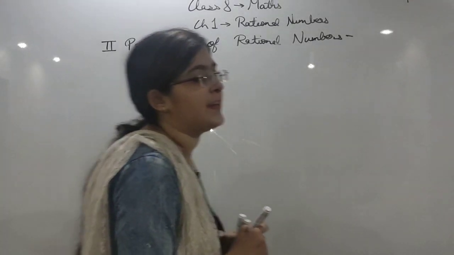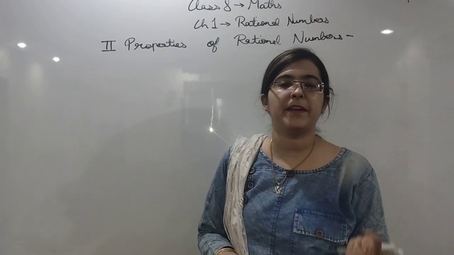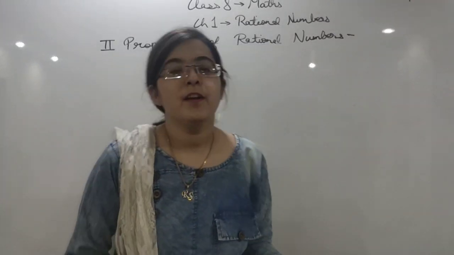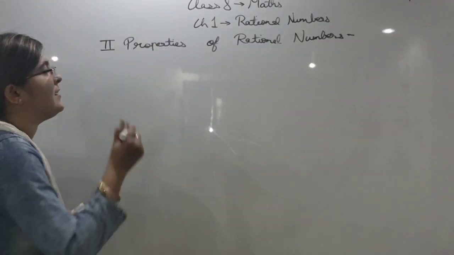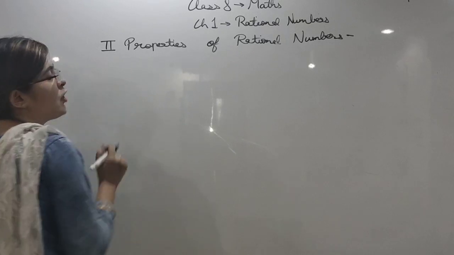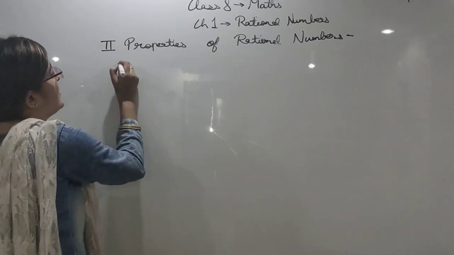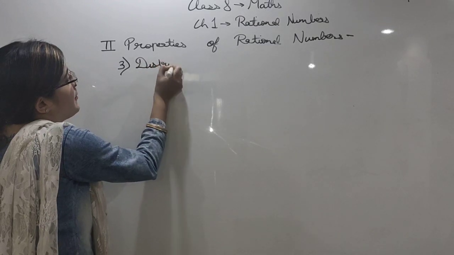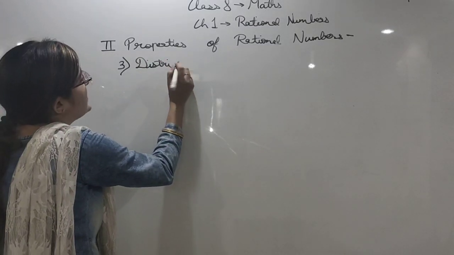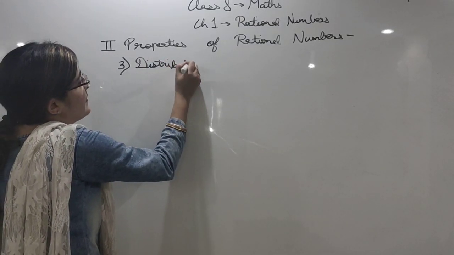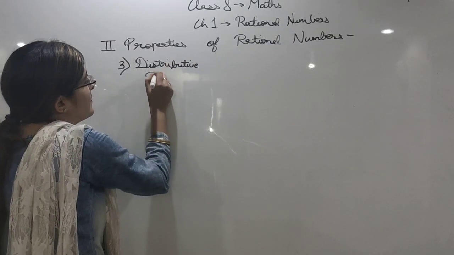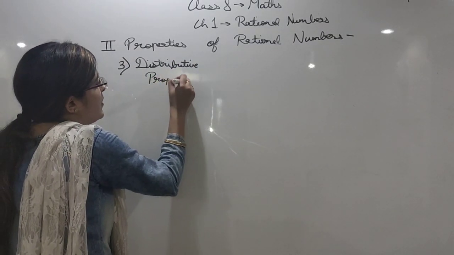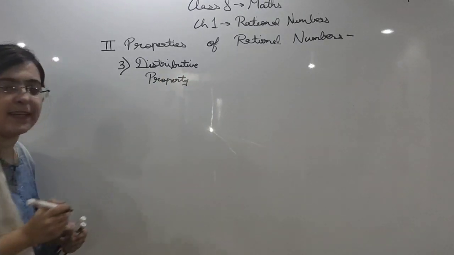So we have seen the two properties, commutative and associative. Now let's move on to the next topic, which is your distributive property. Your third property is the distributive property. What does this property say?